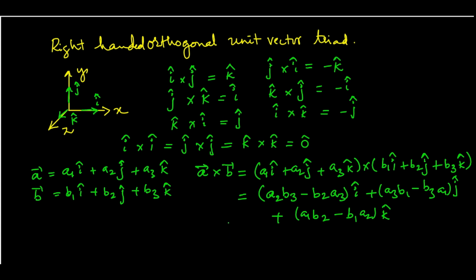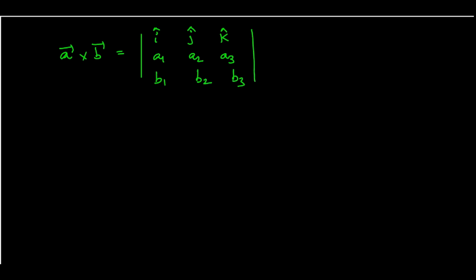So basically A cross B can be written as the determinant with rows i j k, A1 A2 A3, B1 B2 B3. Here A should be the second row, and the second vector should be the third row.